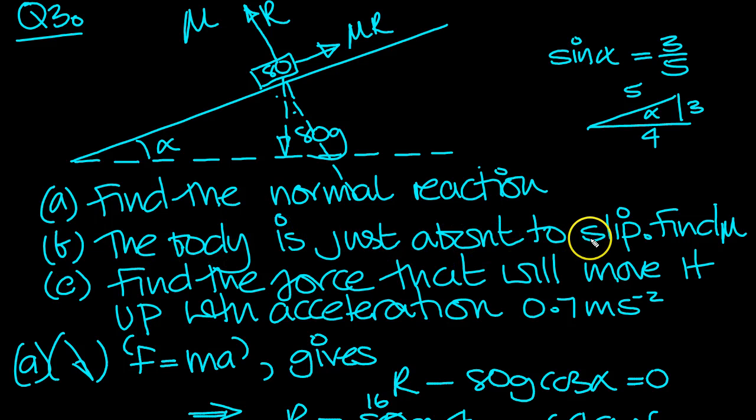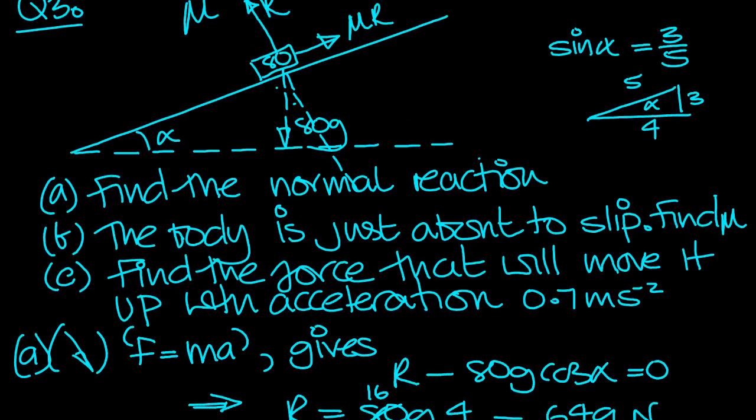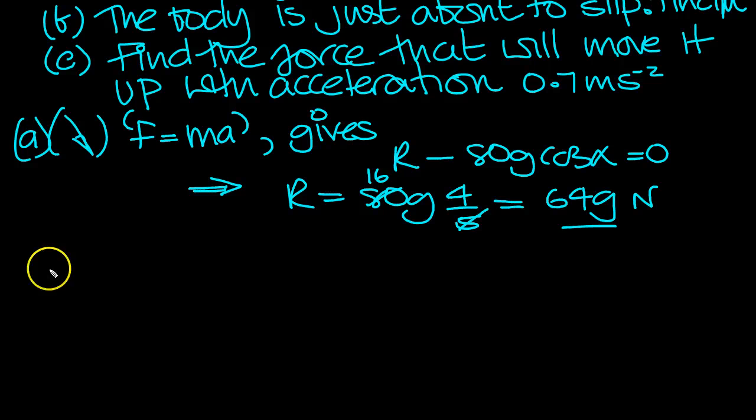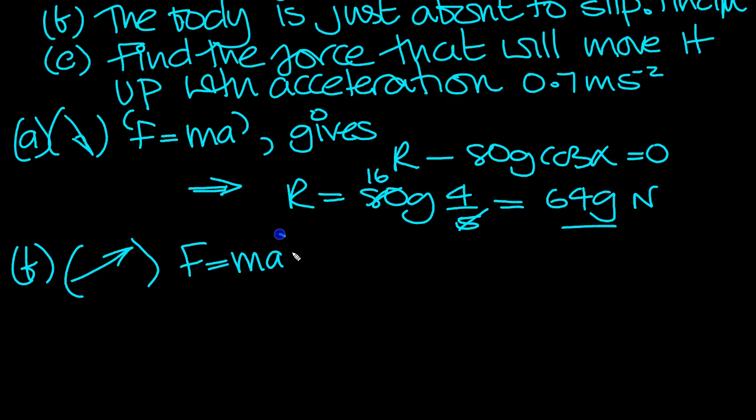The body is just about to slip. Find mu. So again, we can resolve the forces along this direction. There's no acceleration, but it's just on the point of slipping. So apply F equals ma along the line of greatest slope, and that gives, there's no acceleration, so the resultant force is 0.